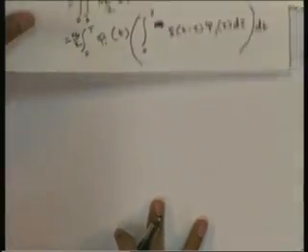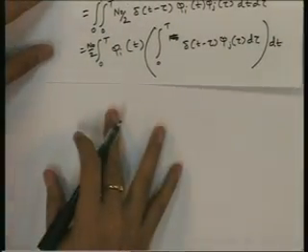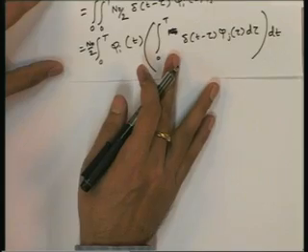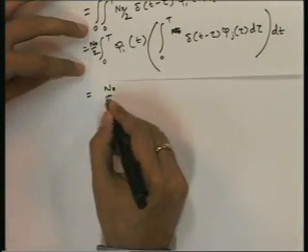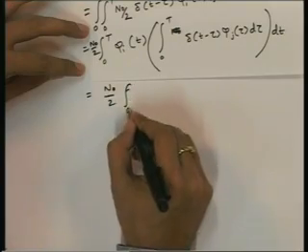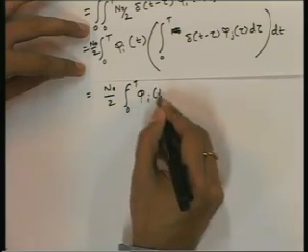Now, this is equal to N_0 by 2 times the integral from 0 to T of phi_i(t) times this integration.